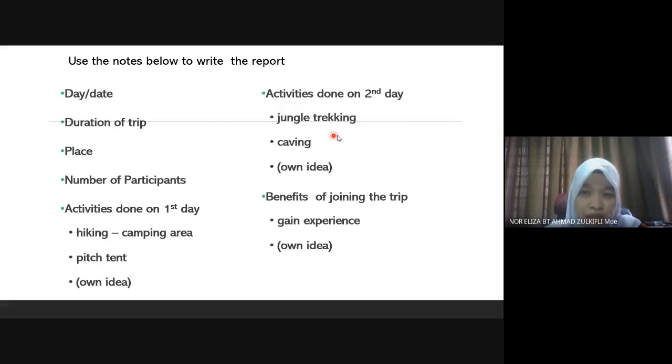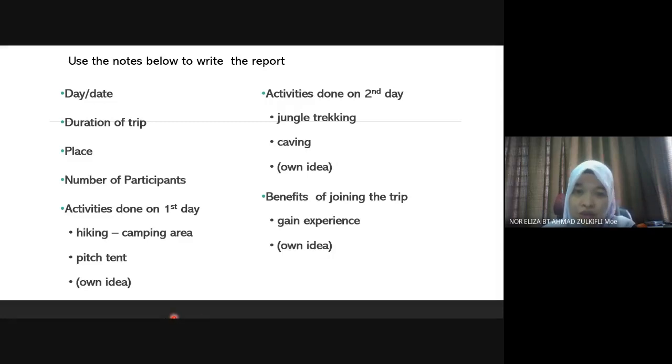This is point number 8, jungle trekking. Point number 9 is caving. And point number 10 is your own idea again, another activity that you have to think of for the second day. And then point number 11, the benefits of joining the trip. And point number 12 is your own idea again. Give one more benefit for joining the camping trip.